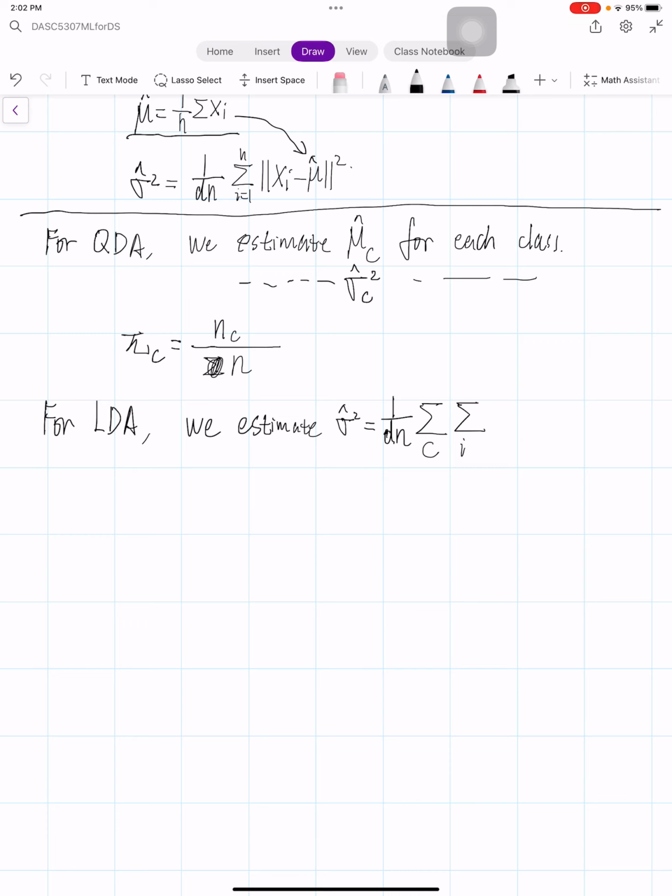For i such that yi equals c, (xi minus mu c hat) squared. So by the maximum likelihood estimator we can obtain all these estimates. In statistics, this is called the pooled within class variance.